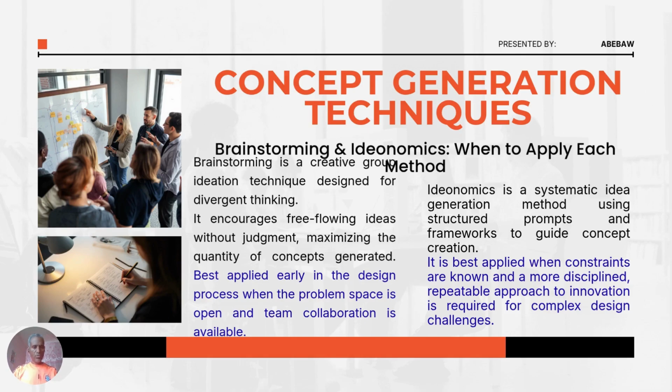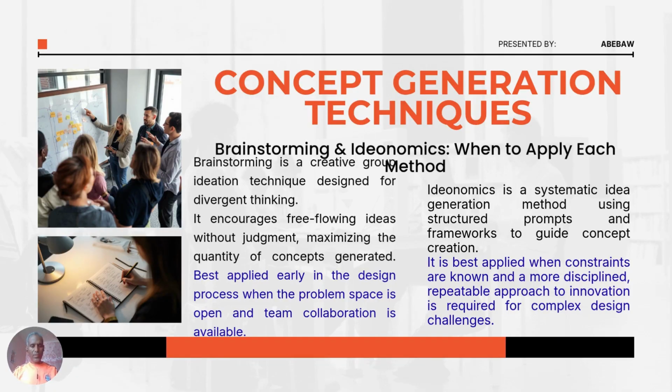Of course, brainstorming is a creative group ideation technique designed for divergent thinking. It encourages free-flowing ideas without judgment, and the objective is maximizing the quantity of concepts generated. It's best applied early in the design process when the problem space is open and team collaboration is available.